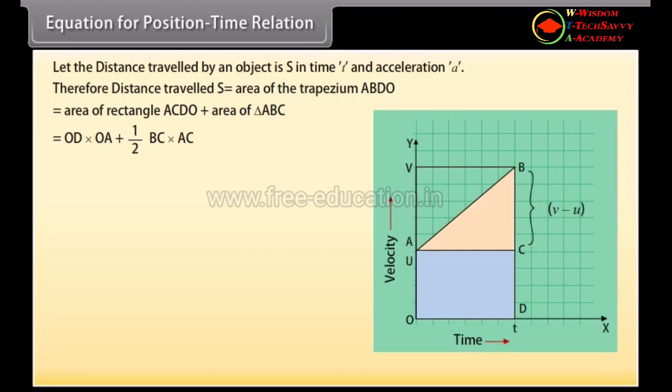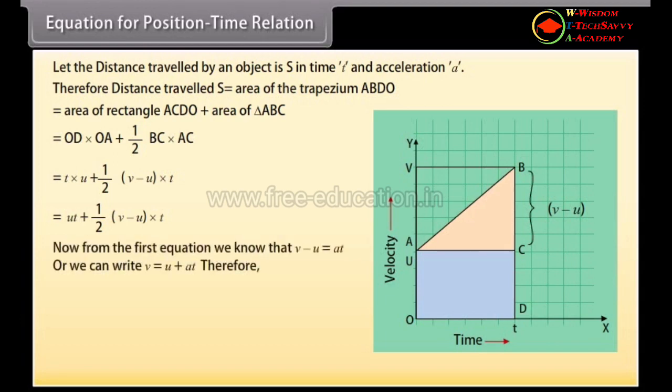Now putting in the values, we get t into u plus 1 upon 2 into (v minus u) into t.